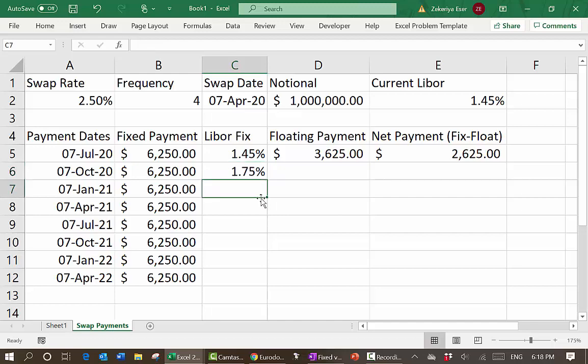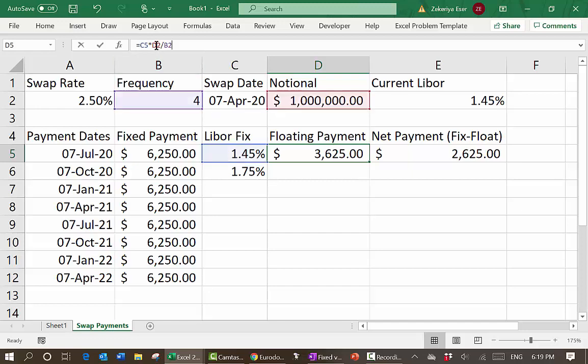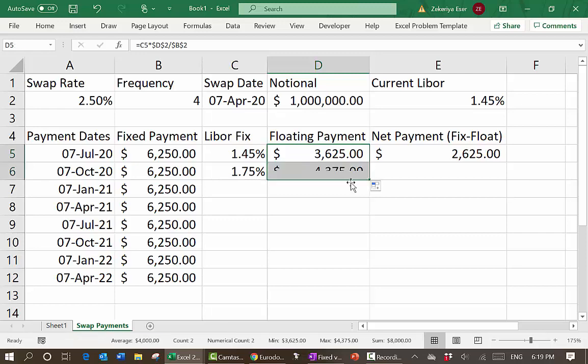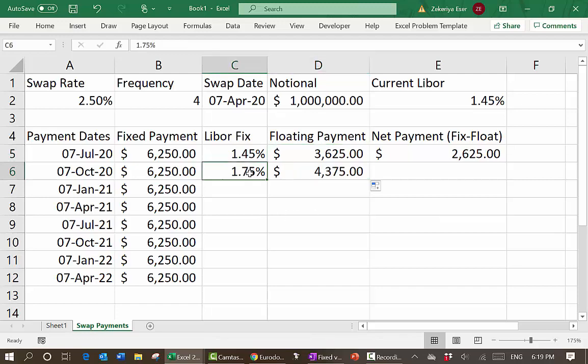Now, let's say 3 months from now, on 7th of July, LIBOR has actually increased to 175. Well, then the floating payment, let's make sure, let me see, let's fix the frequency and the notional amount. If LIBOR has indeed increased to 175 on 7th of July, that means your LIBOR 6 is 175.